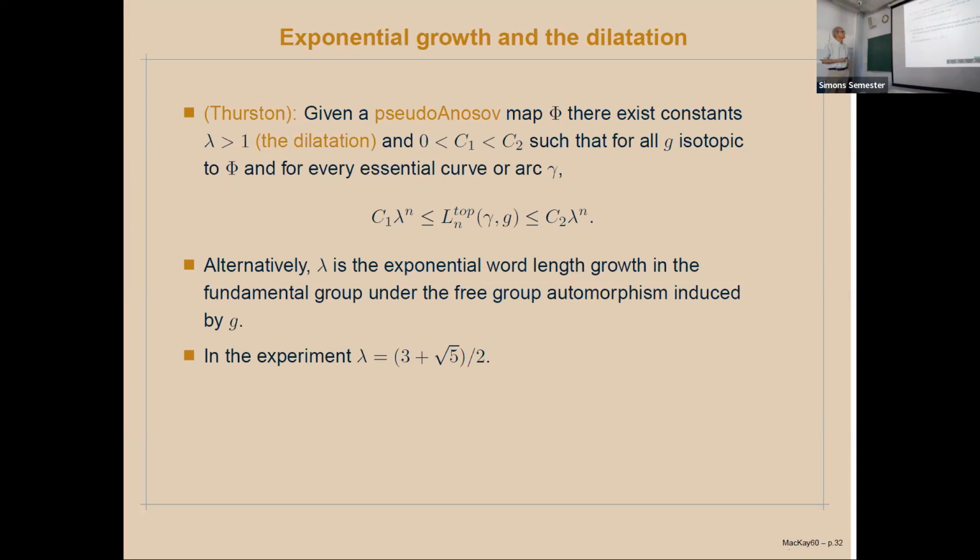So there's a constant, which is our lambda coming back, and a pair of constants here, so that if you have any essential curve, its growth rate is an exponential rate, bounded between these two.